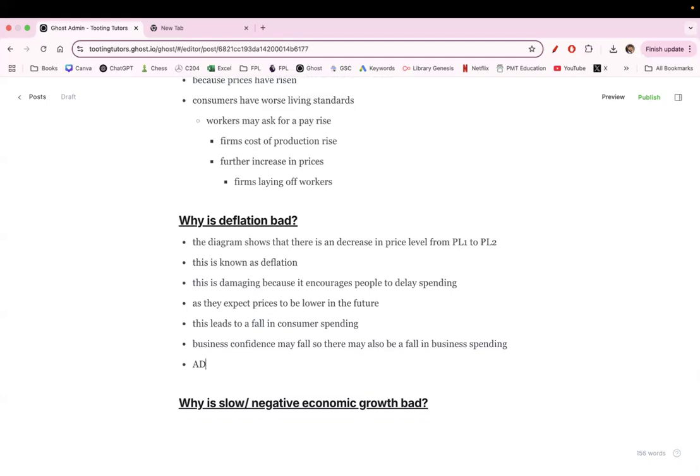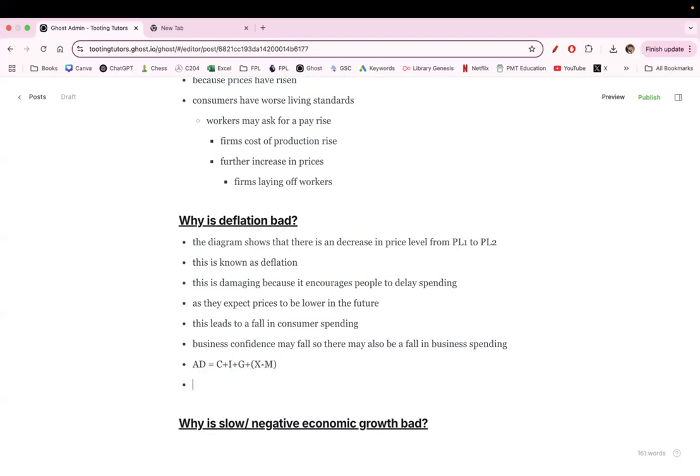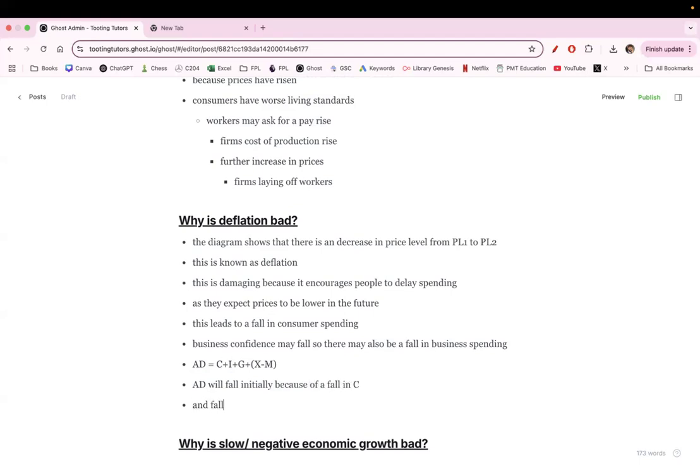And we can refer to the aggregate demand equation as well. So aggregate demand will fall initially because of a fall in consumer spending and fall further because of a fall in business spending, investment.